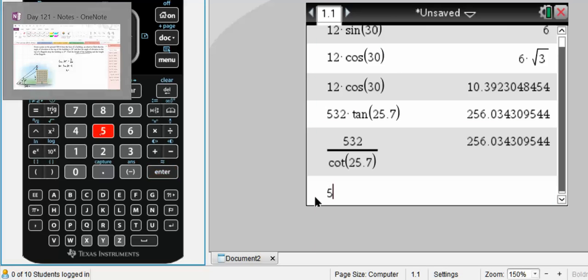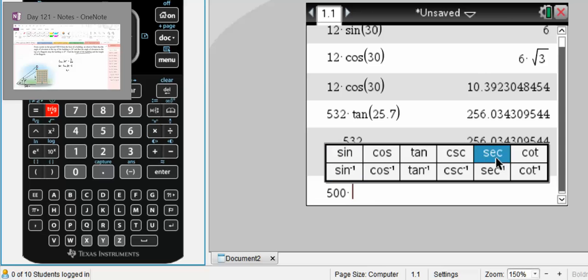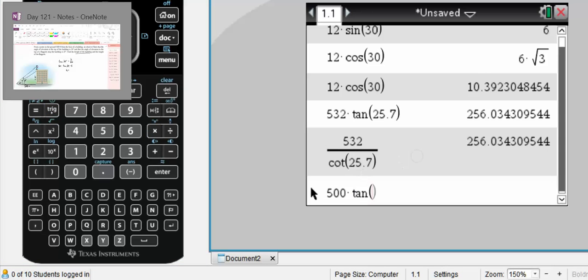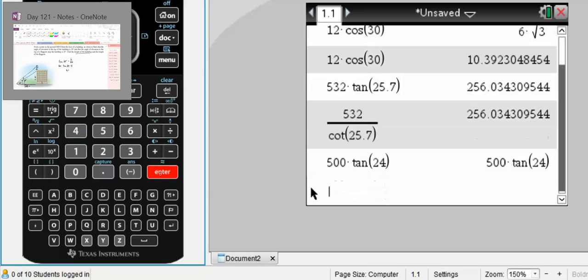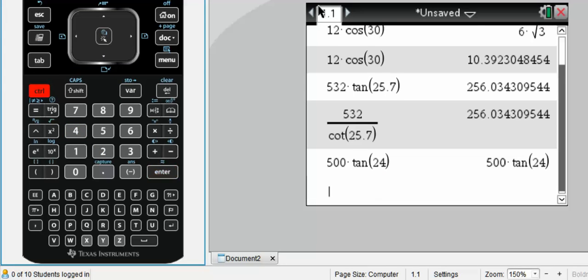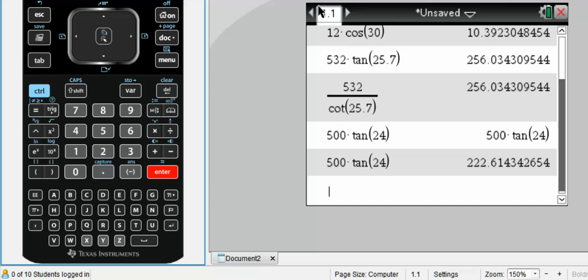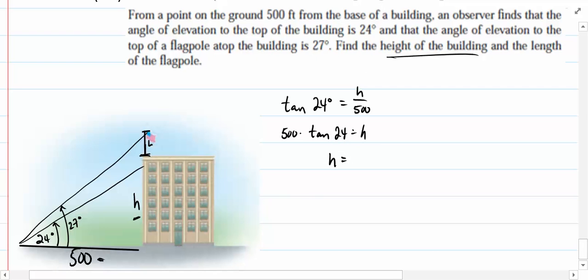And h can be found by 500 times tangent of 24 degrees. So let's go ahead and find the precise result there, or at least a decimal result, 222.6 feet. Okay, that's the height of the building.